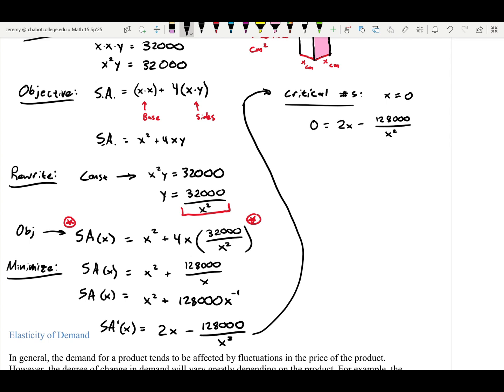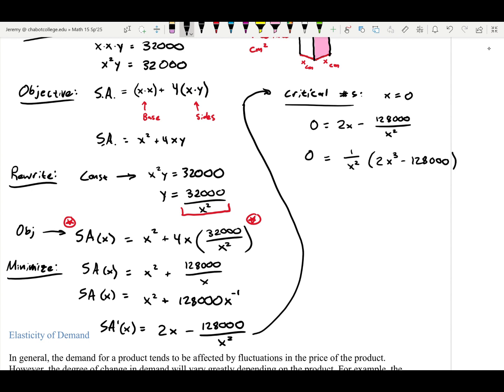This is a little bit of a tricky one. There's a few different ways that you could proceed here, but I think I'll solve this one by factoring. So if I factor out 1 over x squared, I'll be left with 2x cubed minus 128,000.